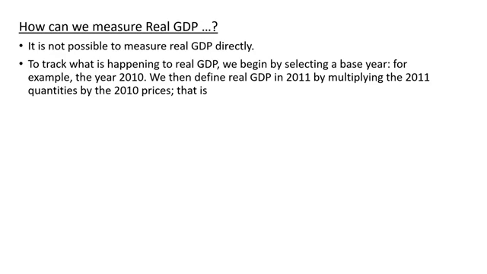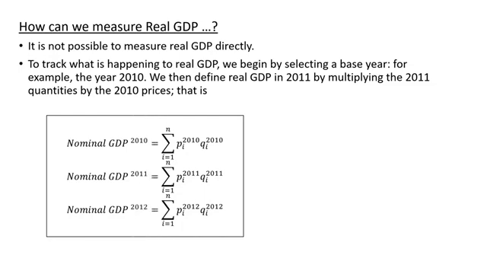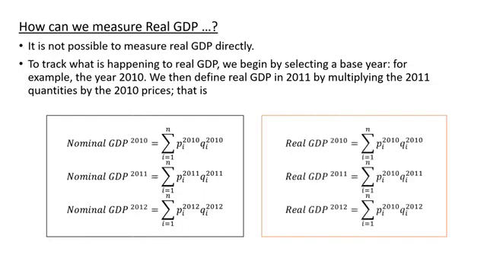Then we define real GDP in 2011 by multiplying the 2011 quantities by 2010 prices. Similarly, for the year 2012, we multiply the quantities of 2012 with the prices of 2010. As the prices are held constant over the years, a change in GDP only comes from a change in quantities. This is the calculation of real GDP.